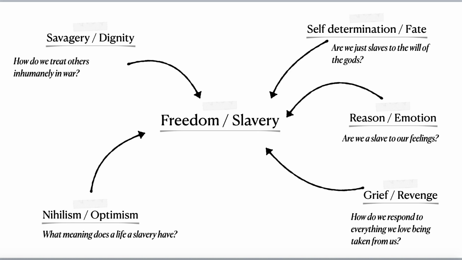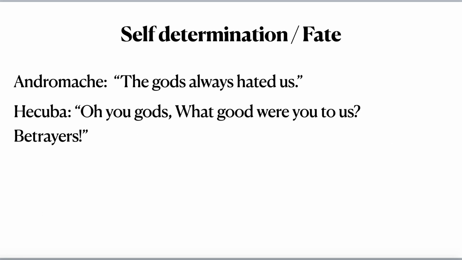And can life actually have any meaning and any hope when we're enslaved? So all of these ideas relate to each other. Let's have a look at some of these other ideas in a little bit more detail, so you know the types of things that you need to think about as you read through the play.